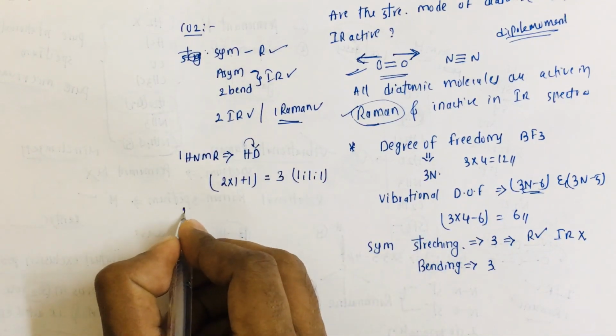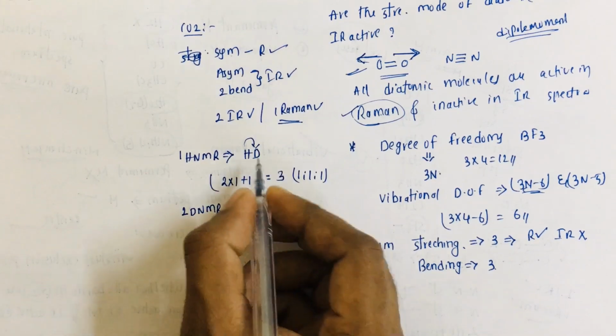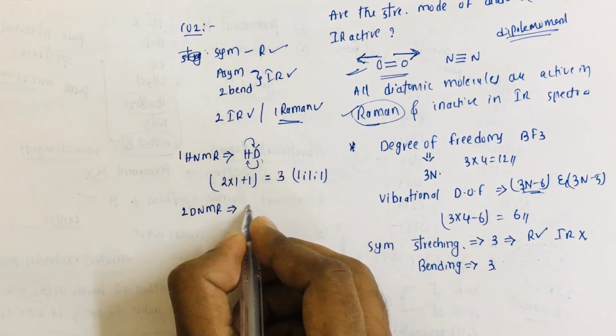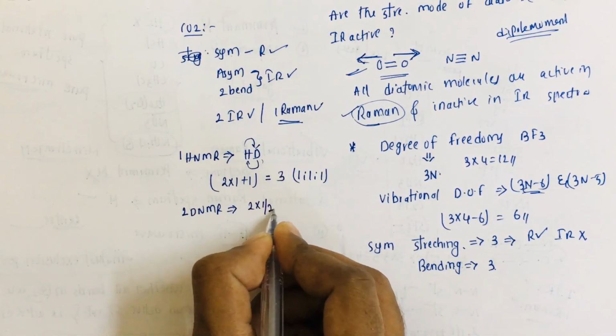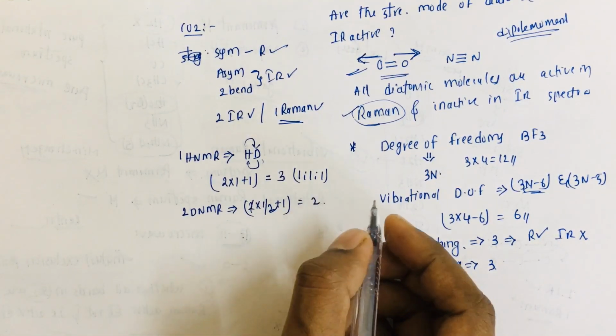And when you are talking about deuterium NMR, in this case the deuterium couples with this hydrogen, so now it will be a doublet.